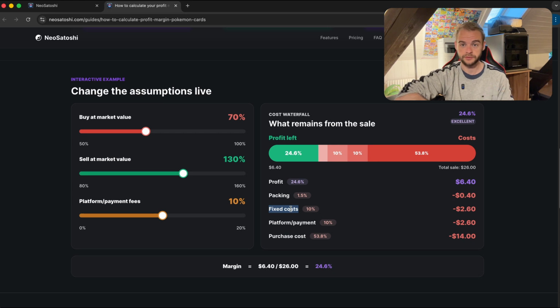Also, I have a fee for Shopify, which I think is like $25 or $30 a month. Also, I use TCG Power Tools. They have also a fee, depending on how much revenue you make, but I just assumed this as fixed costs because I think it stays the same for me. And this is around about, I think, 50 or 60 or something like this.